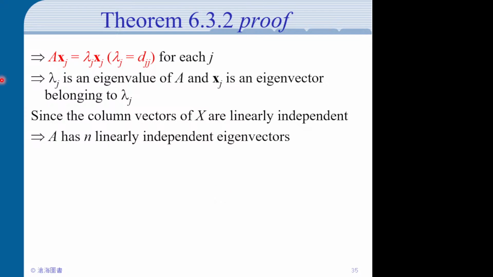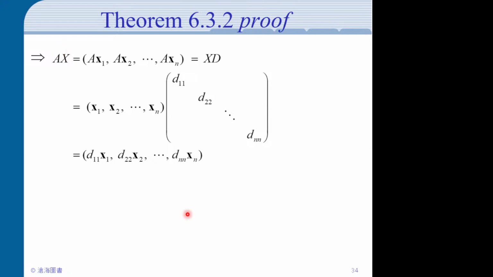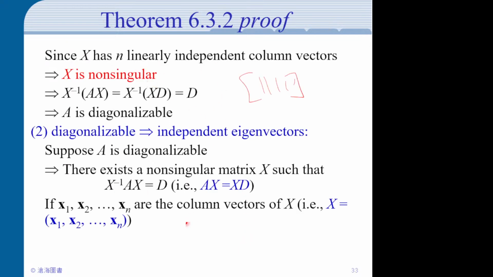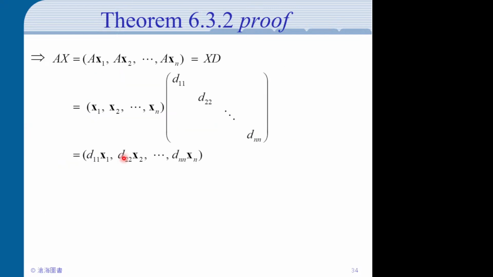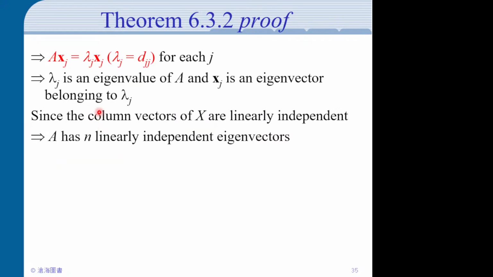Just from this equation here, we see that every column of this X matrix will be an eigenvector of A, because Axi will equal dii xi.